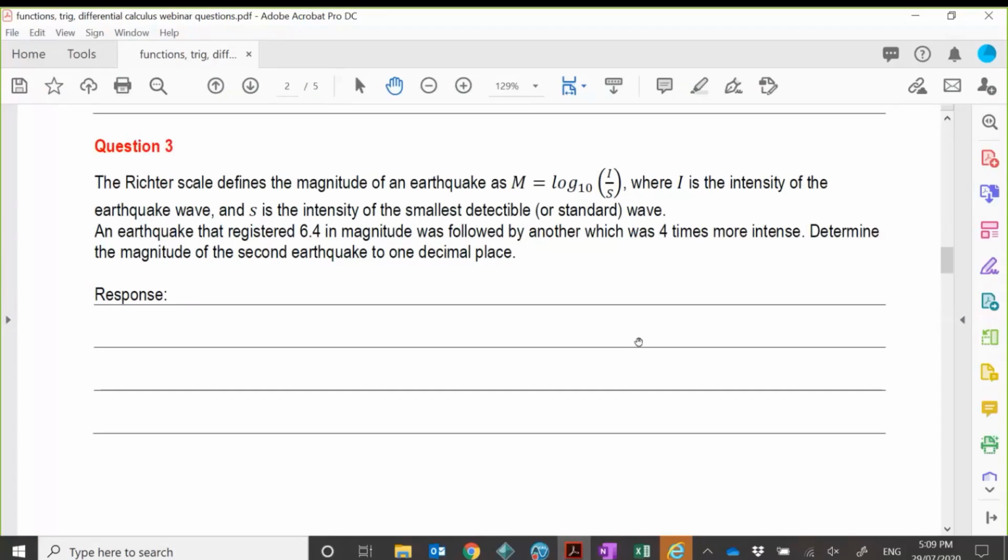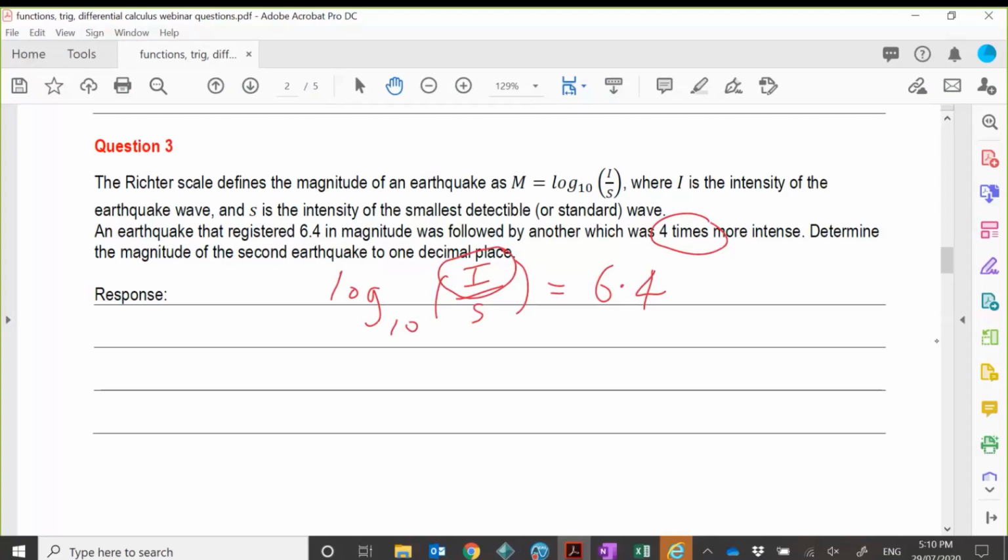So what's happening here is we've basically got log base 10 of I over S. That is currently 6.4. That is our current earthquake. We now have a new earthquake that is 4 times more intense. So what's going to happen now is our intensity is going to increase by a factor of 4.